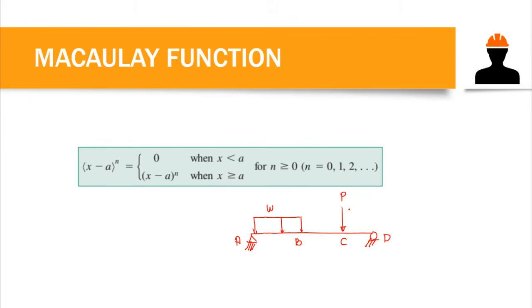In that case, we could come up with 3 segments in this beam, since our beam is continuous from A to B. We also have a continuous beam from B to C and from C to D. So using double integration here would give us 3 equations, from cutting at AB, cutting within BC, and cutting in between C and D. So we need 3 equations here.